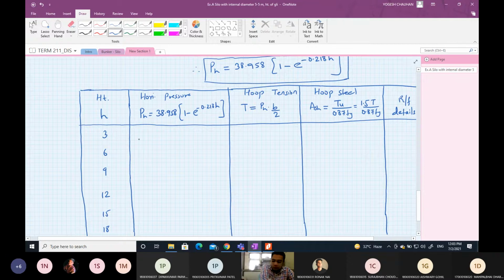So at 3 meter, this will be 38.958 multiplied by 1 minus e to the power minus 0.218 into H. It could be 18.70 for this.